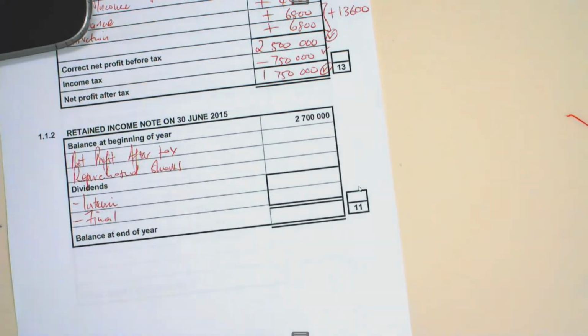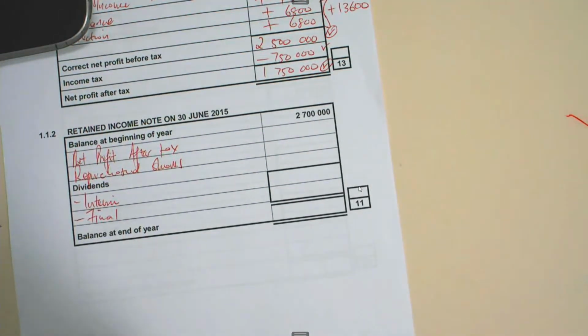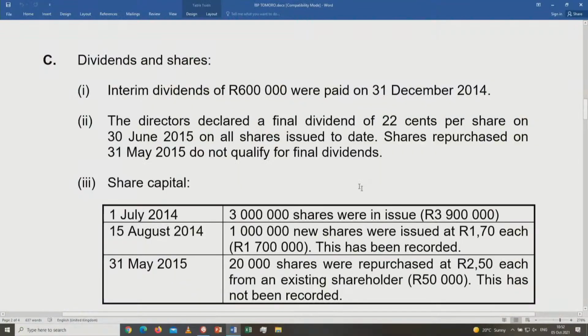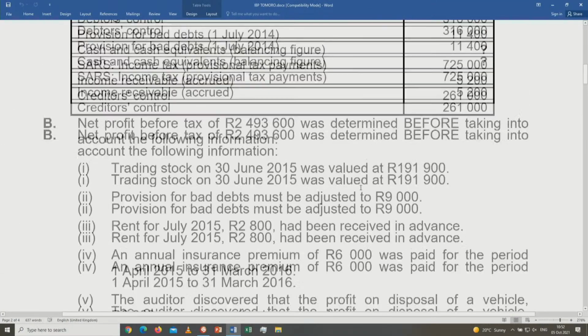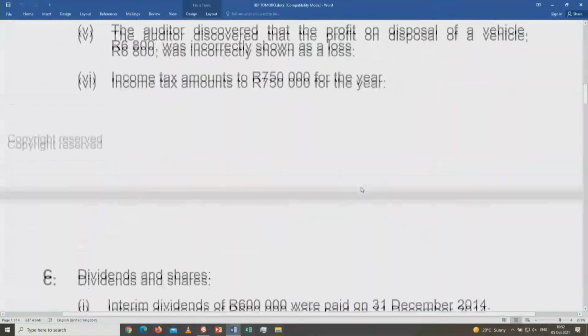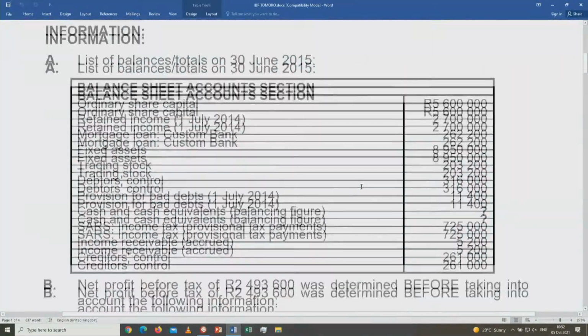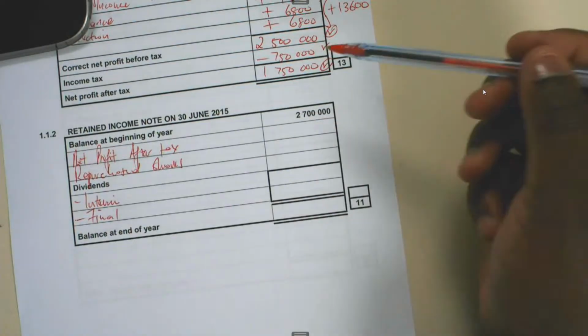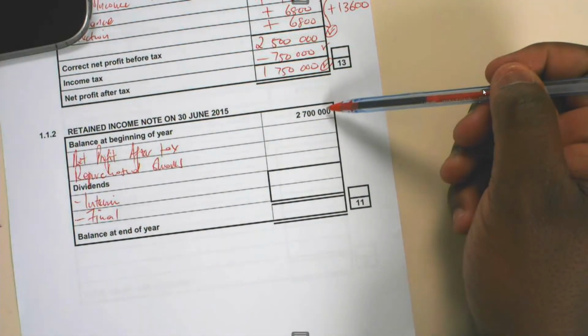Right. Then now, after you have filled in your format, we can go back to our question. Under information C, and then you can even look at information A, retained income. They gave us an opening balance of 2,700,000. Okay, but in our answer book, that has already been recorded for us.